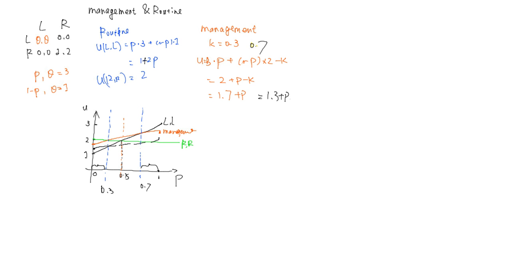In this case, let me graph it better. When the uncertainty is low, you much prefer to just fix on the routine of RR, and when uncertainty is high, you will be much better fixing on the routine LL. And nowhere in this curve is management optimal, because the management fee is too high.